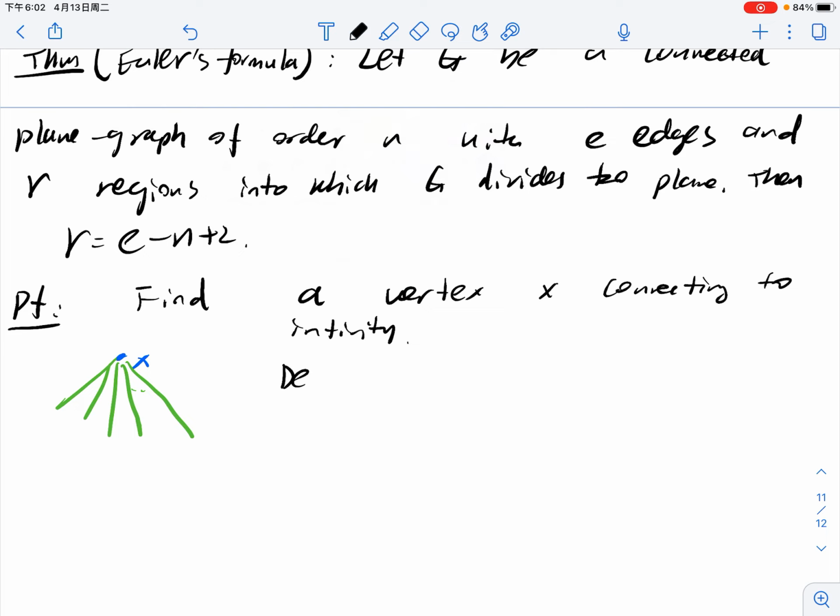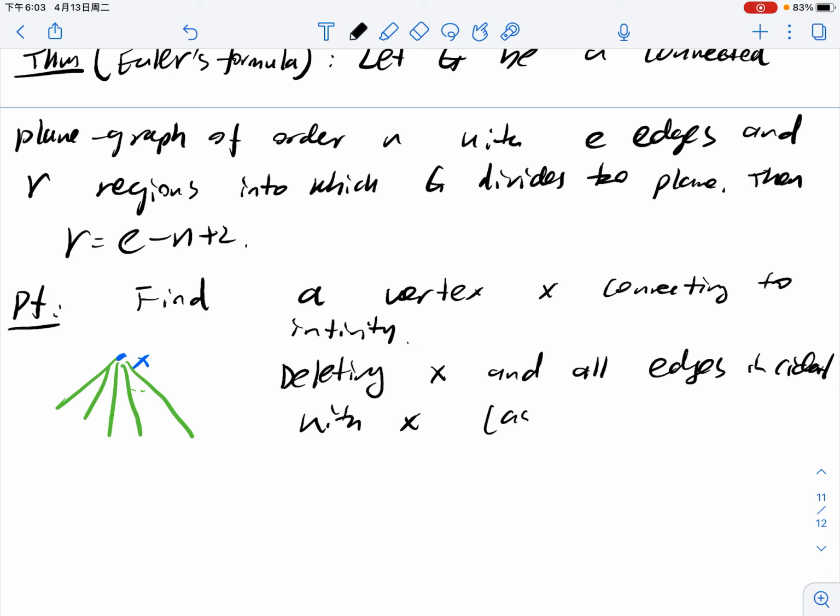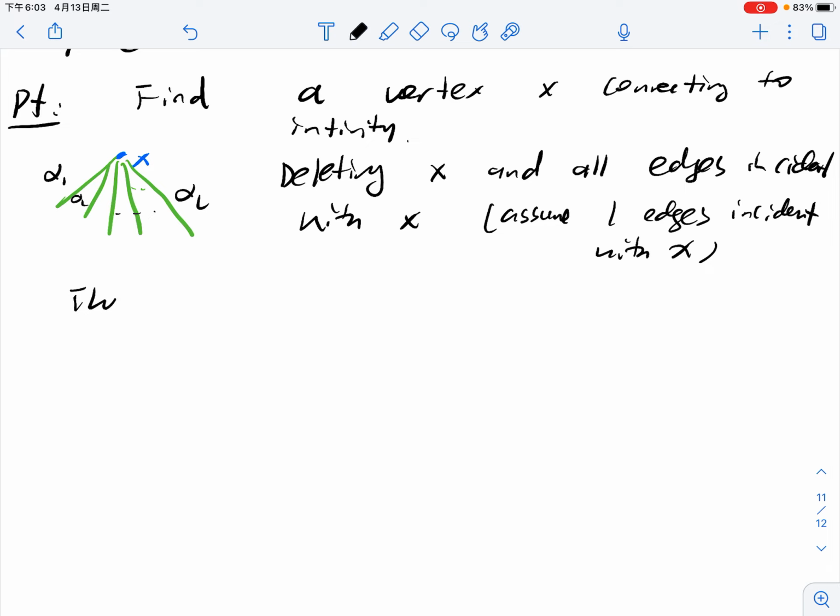Okay, and then deleting X and all edges incident with X. So assume here L edges incident with X. So here you have alpha 1, alpha 2, all the way to alpha L. Then we decrease the number of regions by L minus 1.